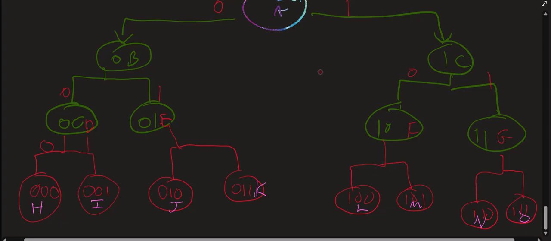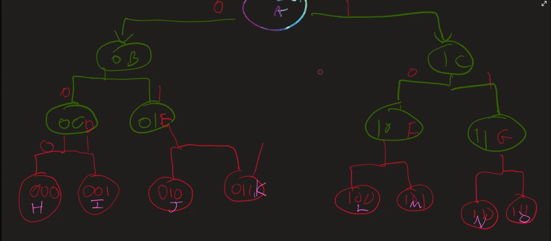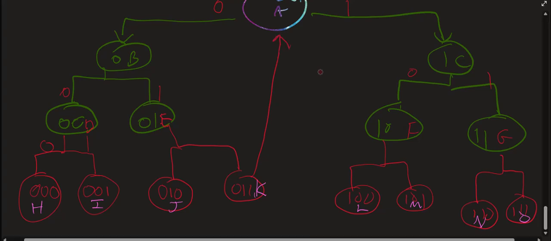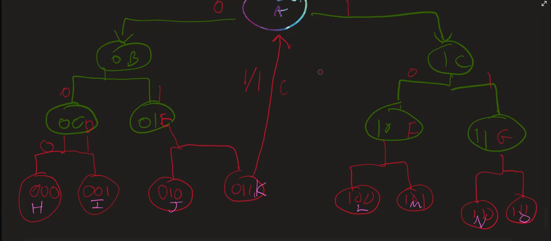So I know that from K, if I get a 1, my output will be 1, and if I get a 0, my output will be 0, but either way I'm going back to A. My output is 0 for everything else on here, so I didn't even put the outputs because they're all 0.